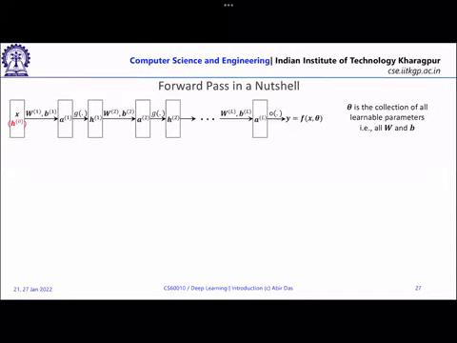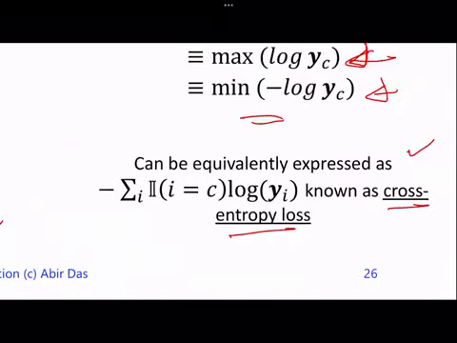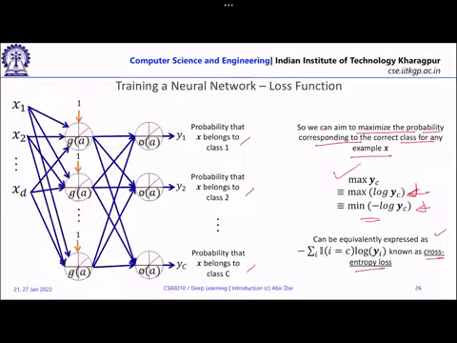Sir, slide number 26. If a layer has n nodes, does it mean we are exploring the n hypothesis space? No. This is just one hypothesis where all the networks will have one hidden layer, and that particular hidden layer will have n nodes.